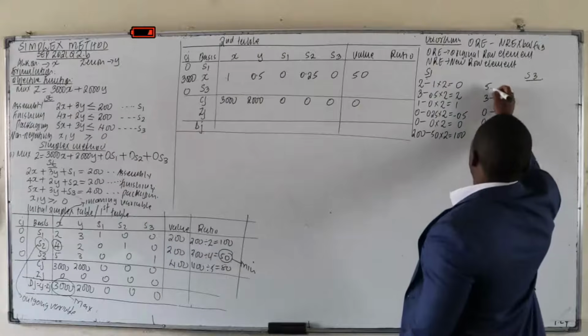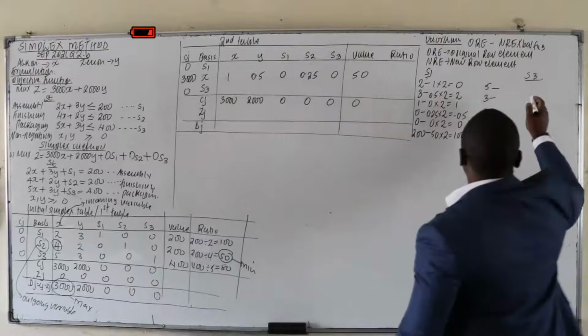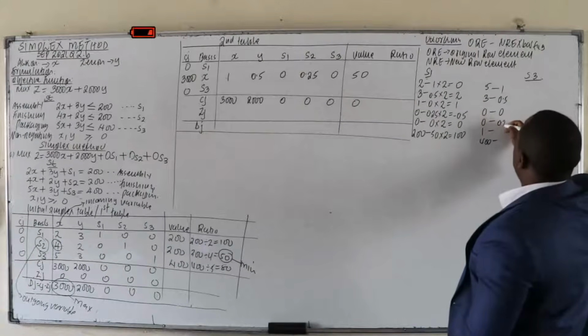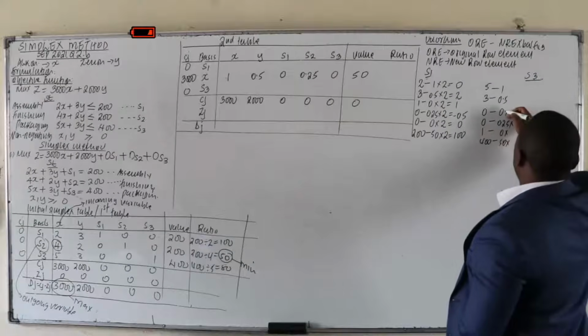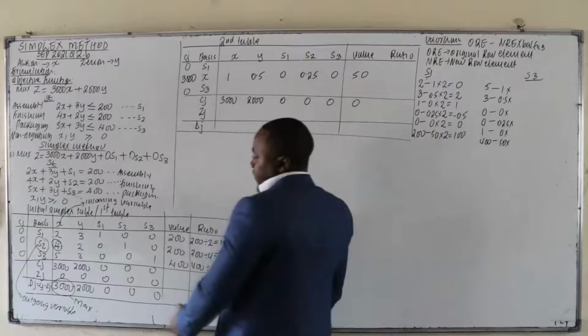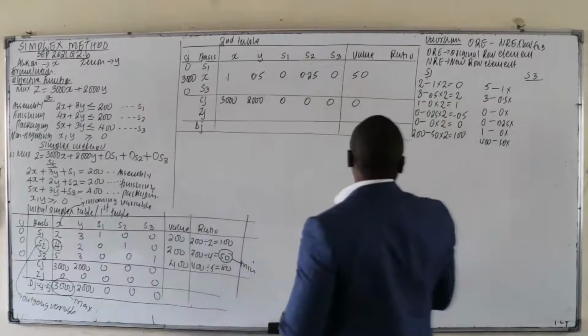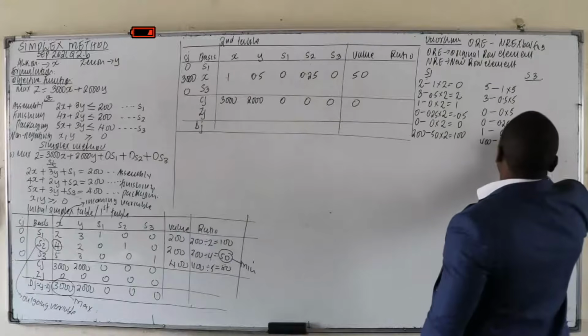Then we minus the new row element, which is 1, 0.5, 0, 0.25, 0, and 50. Then you multiply by the balancing figure, which for S3 is 5.